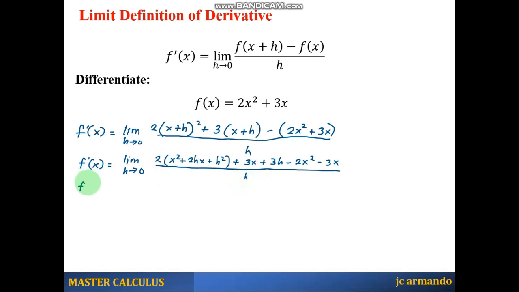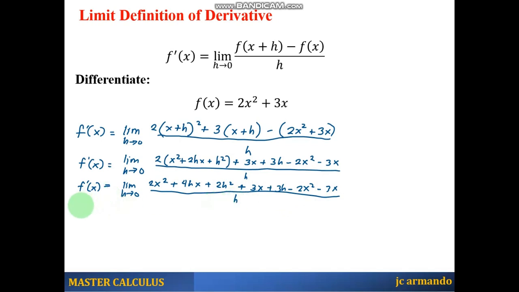Okay, so we have f prime of x equals the limit as h approaches 0. Distribute 2. So 2 times x squared is 2x squared. 2 times 2hx is 4hx. Then 2 times h squared is 2h squared. Plus 3x plus 3h minus 2x squared minus 3x, all over h.